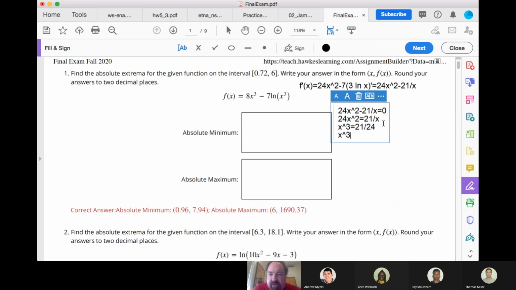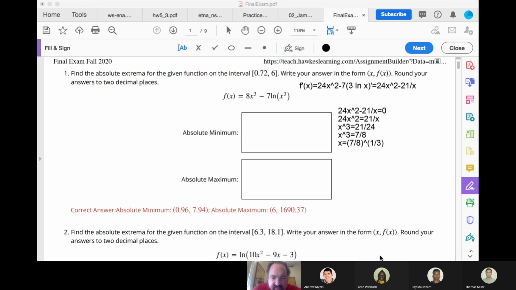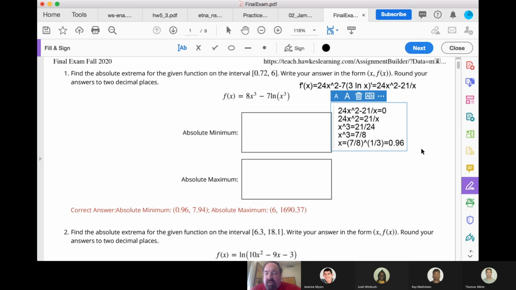So now we have x cubed is equal to 7/8. Then we would take the cube root of both sides, but that's the same as raising 7/8 to the 1/3 power, and you'd have to work that out on your calculator. When you round it to 2 decimal places, we get 0.96. Now that does fall within this interval.